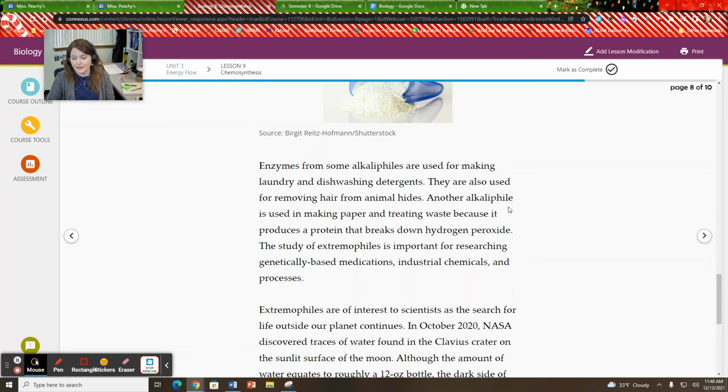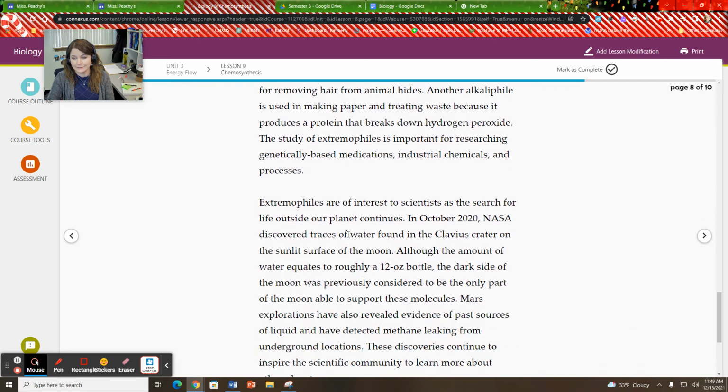Other alkalophile enzymes are used for making paper and treating waste because they produce a protein that breaks down hydrogen peroxide. So they like to study these extremophiles and the enzymes they produce because we might have a human use for them. Maybe medications, industrial chemicals, or other processes.